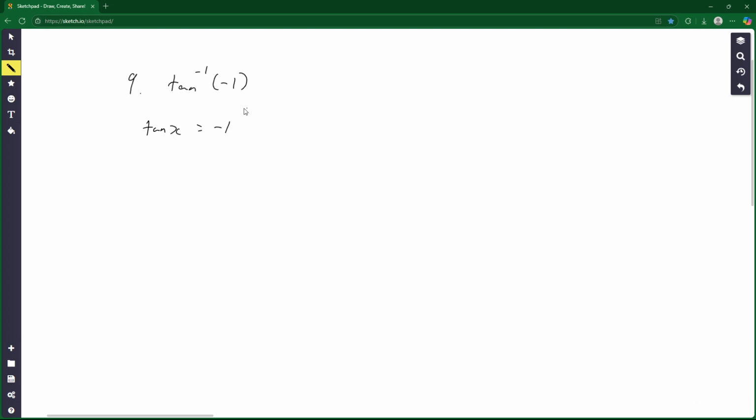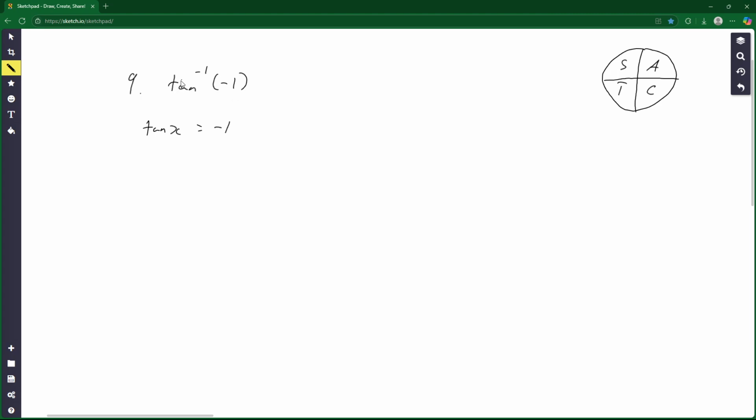If we look at our, go ahead and draw the unit circle back over here. If we look at our unit circle, cosine is positive here, all of them are positive here, sine is positive here, and tangent is positive here.